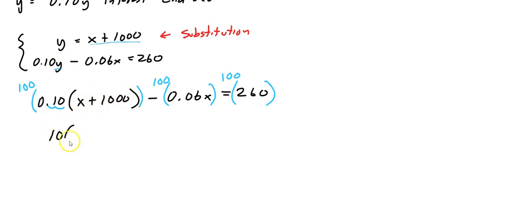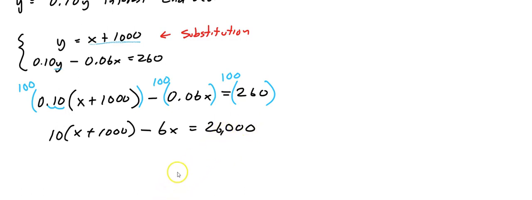So you're going to have 10x plus 1,000 minus, well, instead of 0.06, now I'm just going to have 6x equals, add 2 zeros to that, instead of 260, we're now going to have 26,000. Now we can distribute.